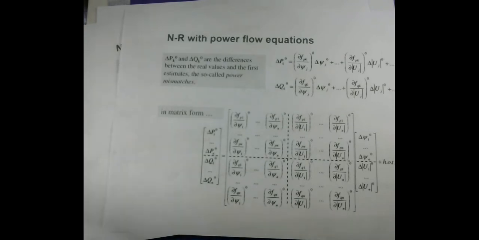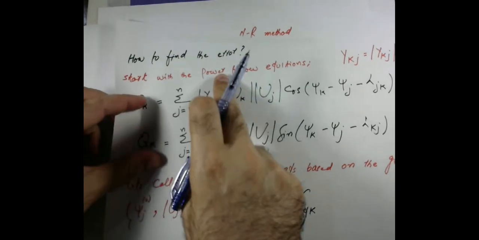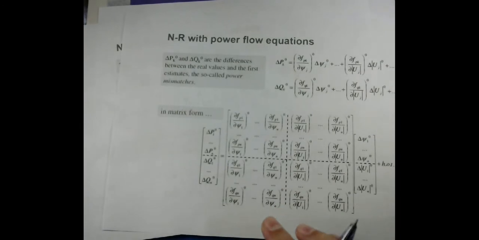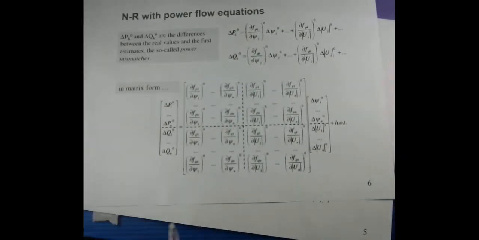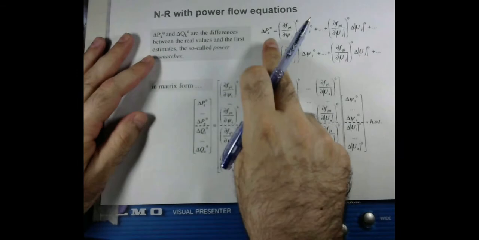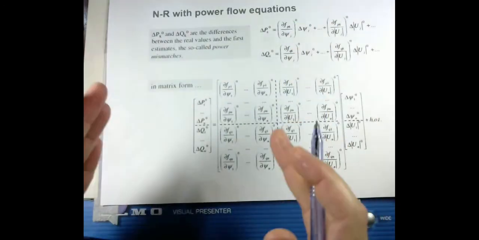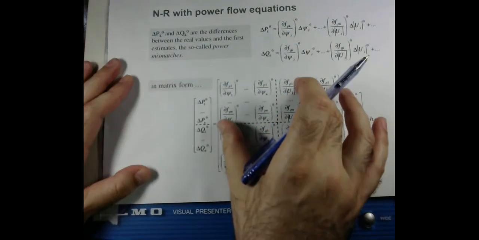We make a guess, but all these steps are for finding the error in the first estimate. So now these errors can be written like that, and in matrix form, it can be arranged like that.